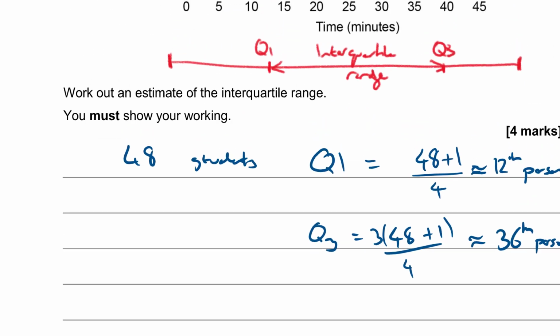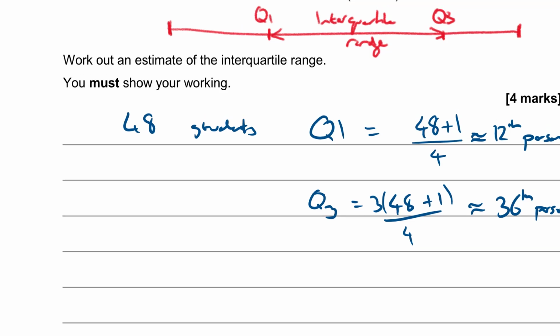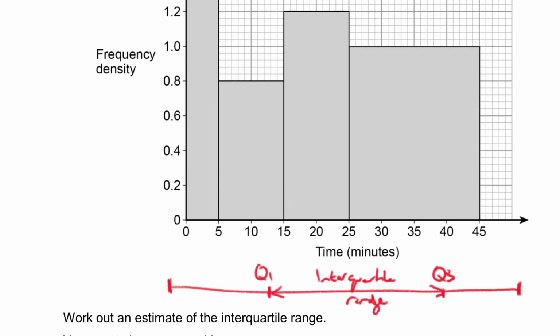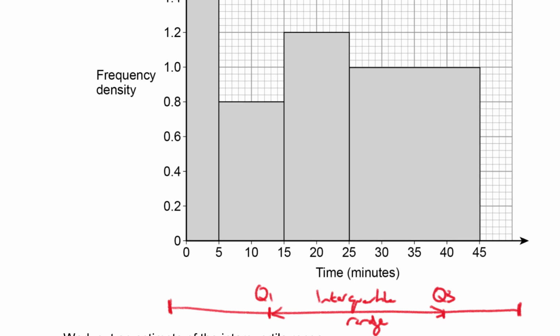So where is person number 12 and where is person number 36 in this data set? Well, I said earlier that it is the area of each bar that is proportional to the frequency.